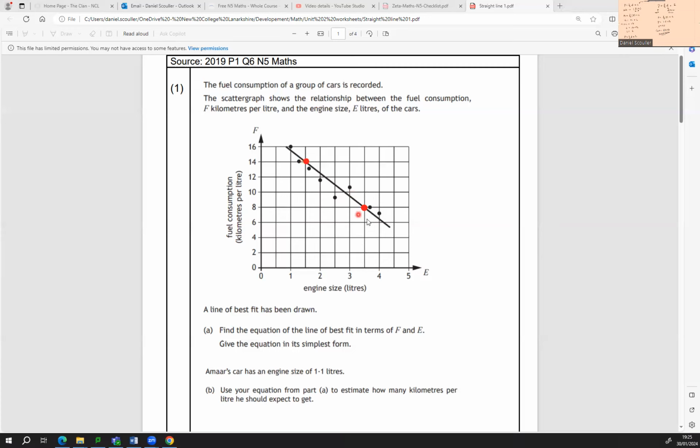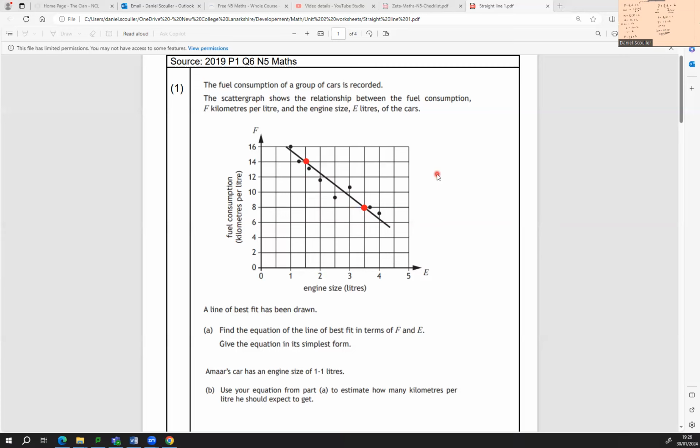For my second point, it's 3.5 for my x2 value. My y2 value is 8. Those 2 points will allow me to find the gradient.